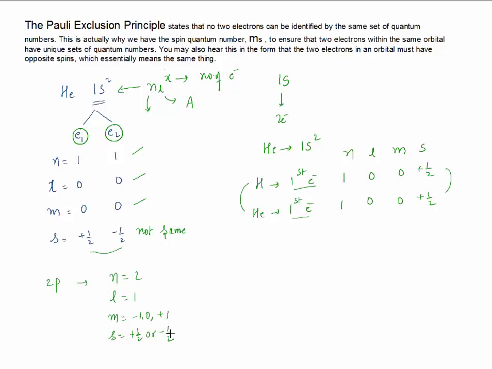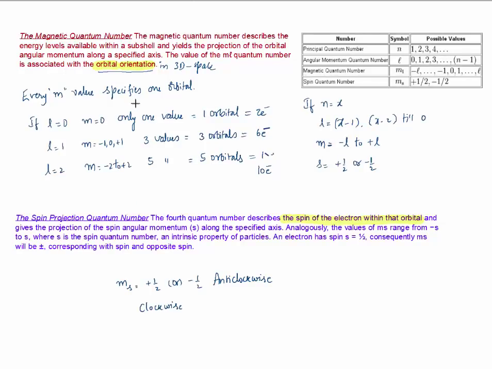Please remember, very important part, every m value signifies, I think we have specified it earlier. So let us go to that slide once again. Every m value specifies one orbital. This is very important. And one orbital can accommodate 2 electrons only.